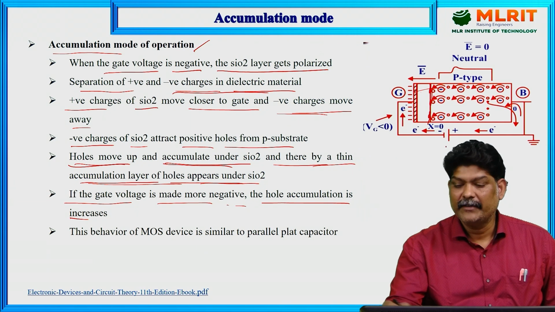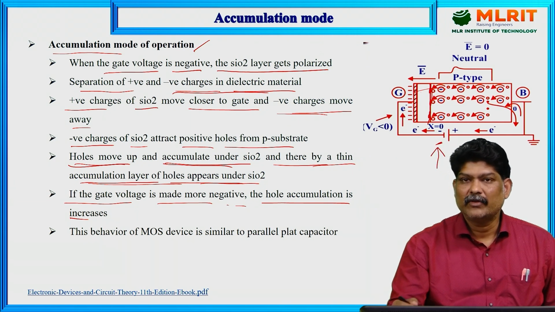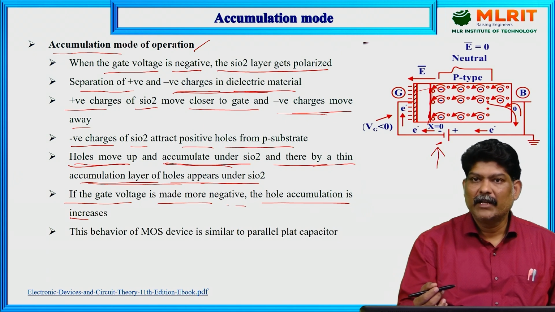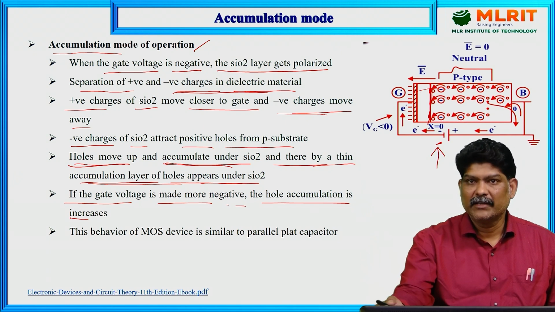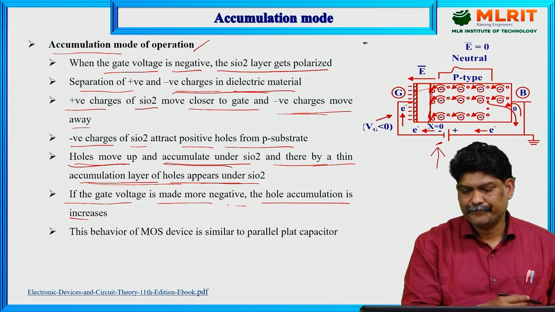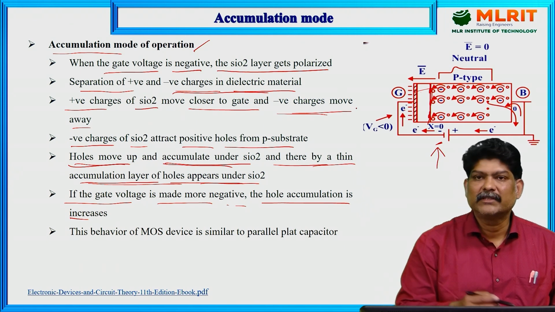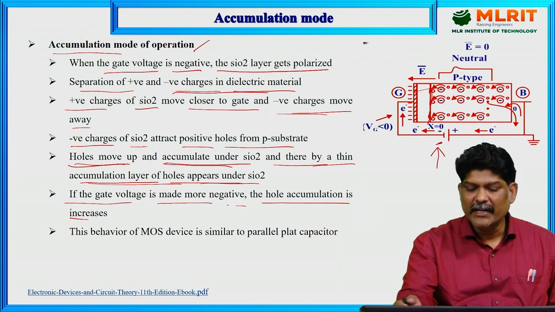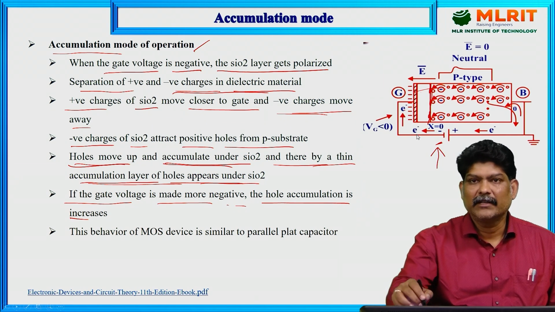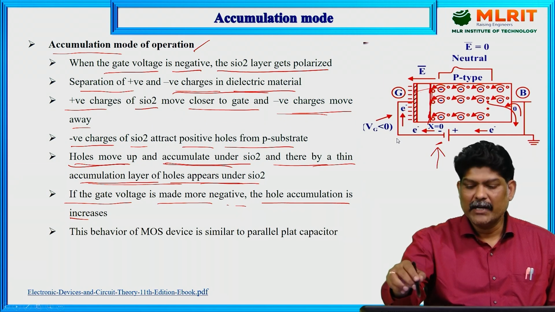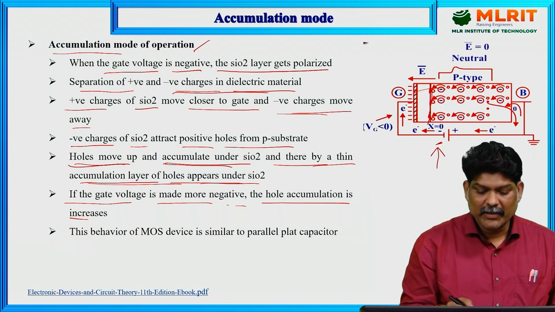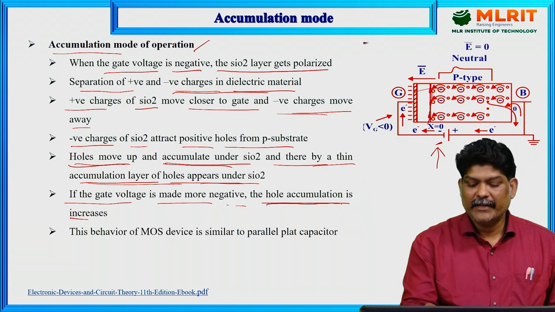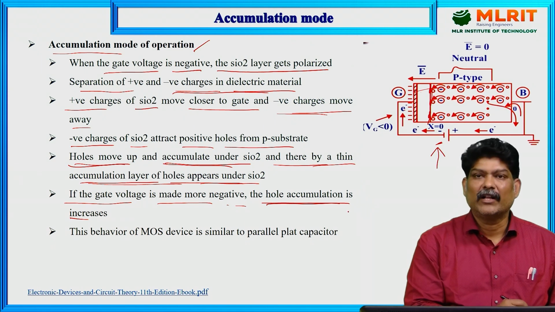So across gate to body, if you increase this gate voltage, more holes from the P substrate are attracted towards the gate, and in between you have the SiO2 layer. Under the SiO2 layer a huge amount of holes accumulate, so the hole accumulation also increases.